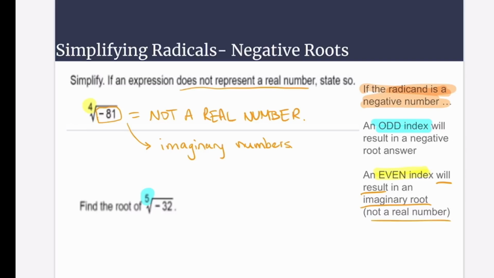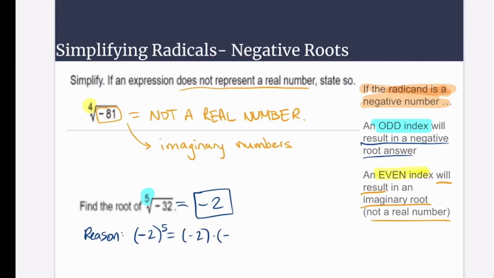For the odd index in that second problem, it's actually going to result in a negative answer. So you're still going to get an answer. The fifth root of -32 is -2. That would be the answer. So the reason, if you take -2 and you raise it to the 5th power, it's going to give you -32. -2 times -2, 1, 2, 3, 4, 5.